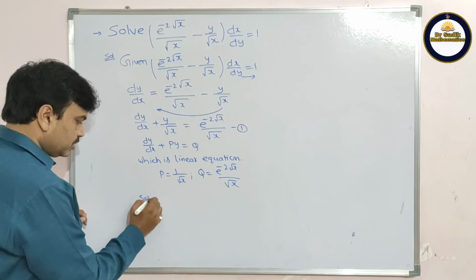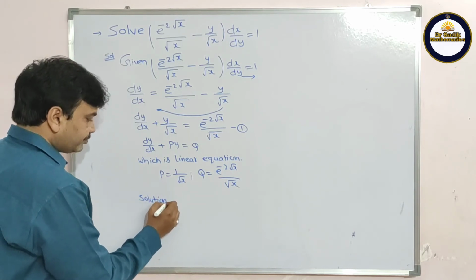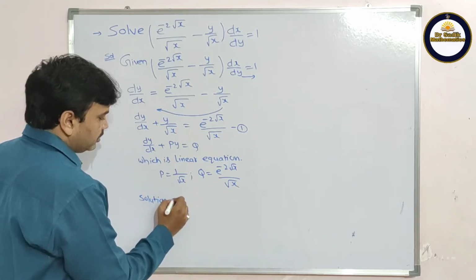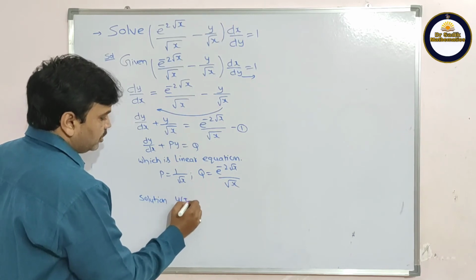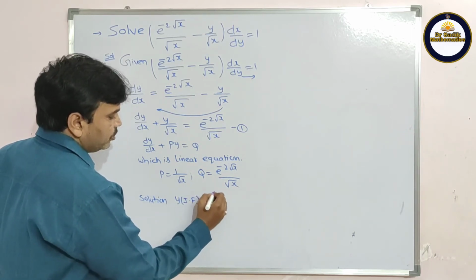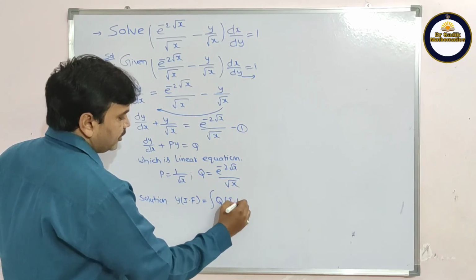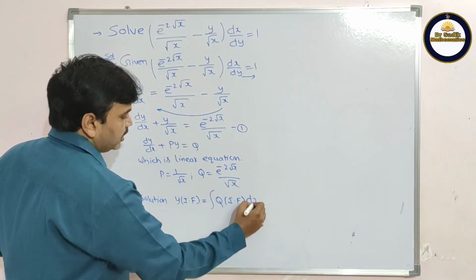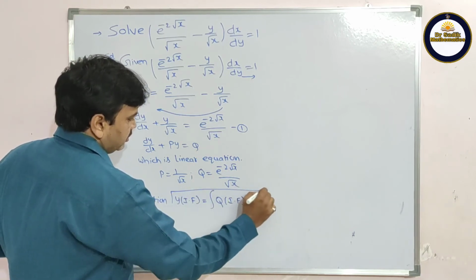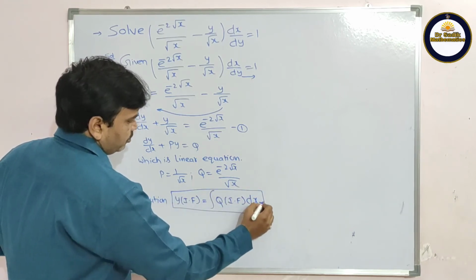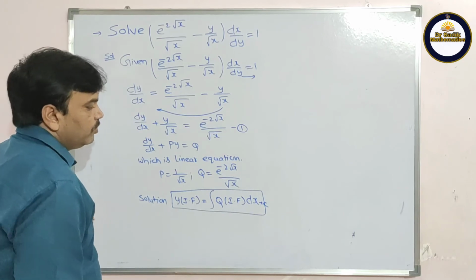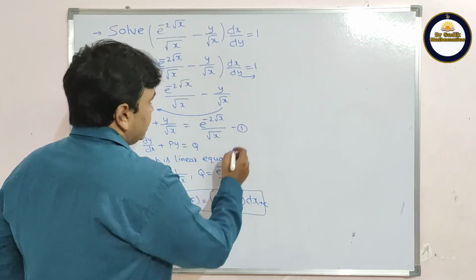What is the solution, friends? Y into integrating factor is equal to the integral of q into integrating factor into dx. Of course we can write plus c, friends, no problem at all. What is the integrating factor, friends?